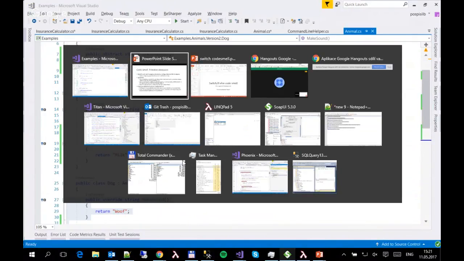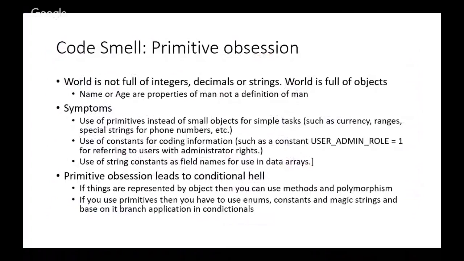But when we use primitives instead of objects, we don't have polymorphism, and that's the reason why I feel it's so strongly connected with this problem. This leads to a lot of ifs and conditions in your code, because you have just primitives and no place to attach your methods.